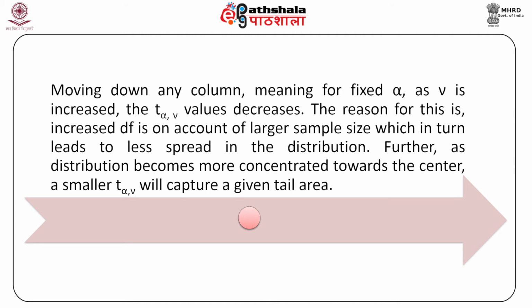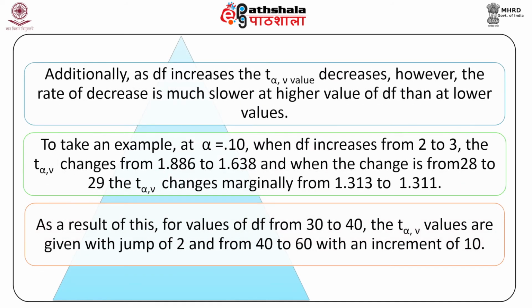The third thing which we have observed, and which you can see minutely by going back to the table, is additionally that as degrees of freedom increases, the t alpha nu value decreases. However, the rate of decrease is much slower at higher values of degrees of freedom than at lower values.